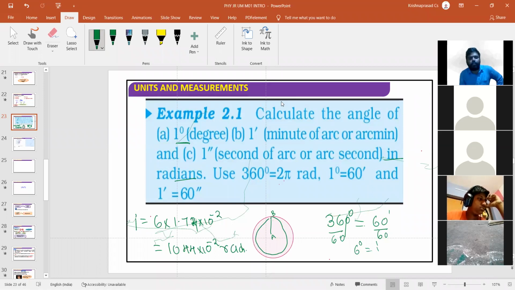This again can be rewritten as 1.044 multiplied by 10 to the power minus 3 rad, right? Any doubts up to this?